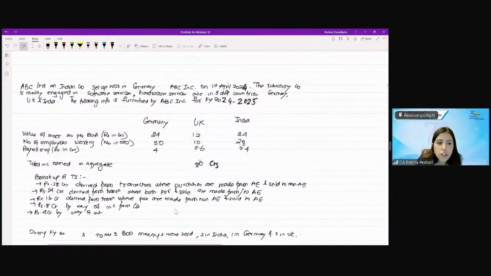During the financial year 24-25, total 5 board meetings were held, 2 in India, 1 in Germany, and 2 in UK. You are required to determine the POEM of this company in India.